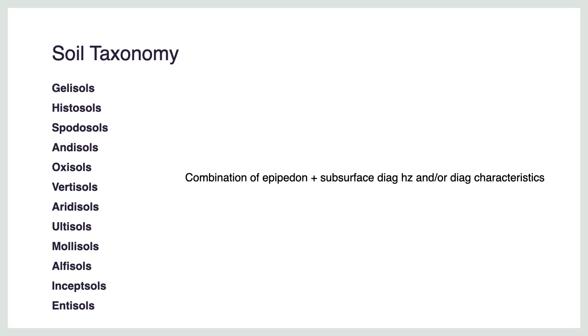The orders are the highest level in soil taxonomy, and they are related to the minimum detail of information that we have about the soils. So we have a general classification that expresses the soil formation, basically the main processes related to soil formation, and the main morphological, chemical, and physical properties.